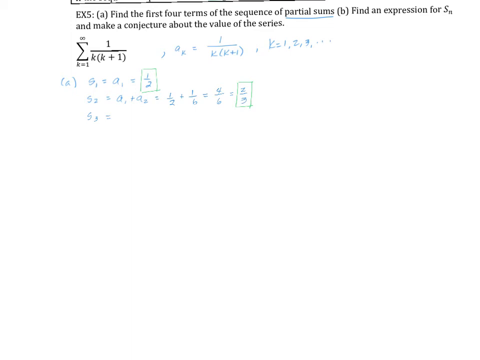Notice that that's simply S sub 2 plus A sub 3, which is going to be 2/3. And when k is equal to 3, I get 1 over 12. That would be 9 over 12, and that reduces to 3/4.